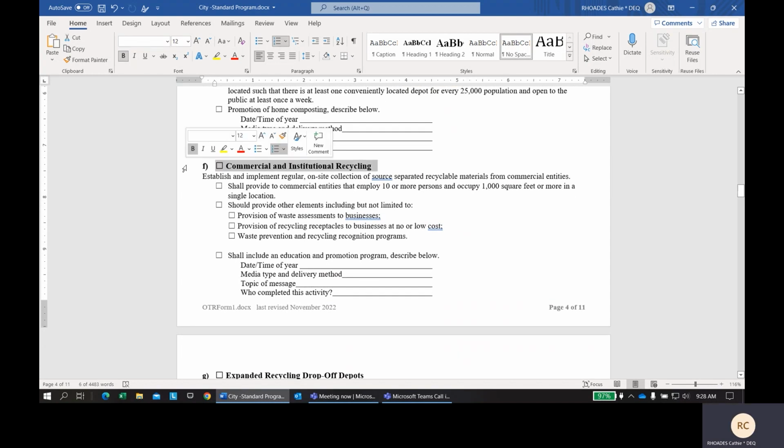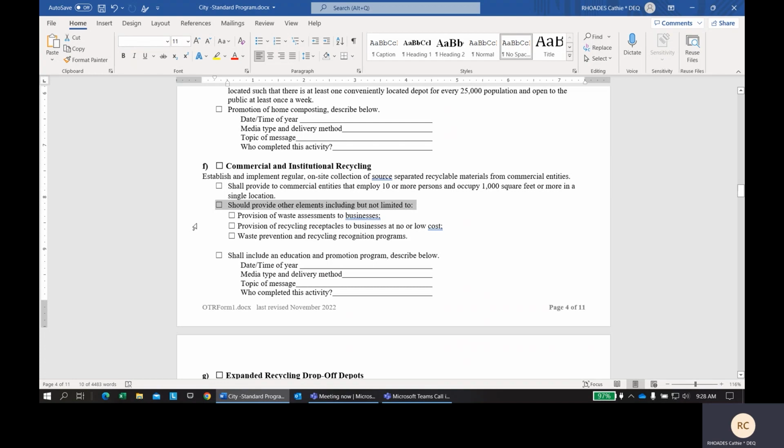Moving on to F. F is a commercial recycling program. So this requires that you establish and implement regular on-site collection of source-separated recycled materials from commercial entities. And it shall provide to commercial entities that employ 10 or more persons and occupy 1,000 square feet in a single location.